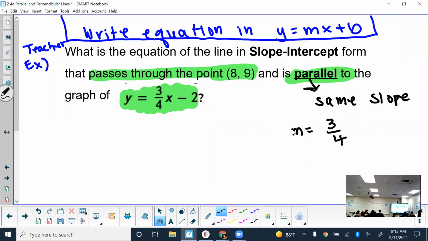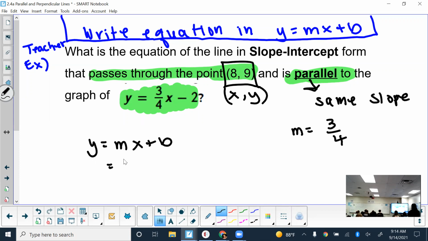Now, we don't know the y-intercept, and no, I cannot just make one up, because it has to pass through this point. So in order to do that, think back to lesson 2.1. Where can I plug these in? The 8 is x and the 9 is y. So when I'm creating my new line, we want it in this form.